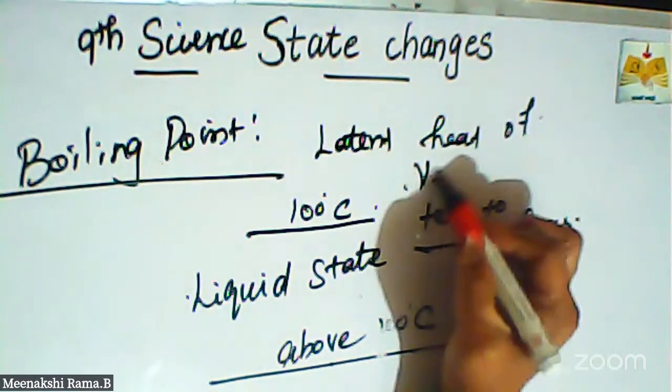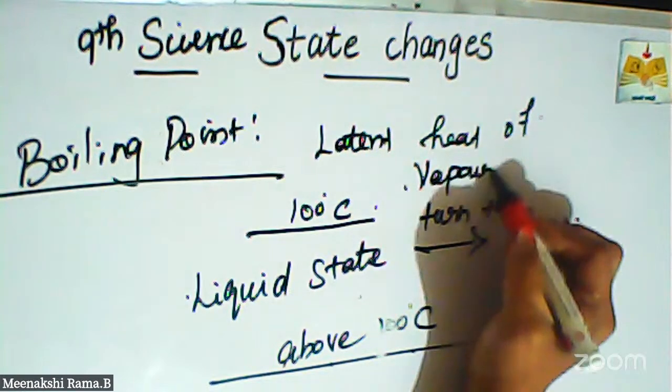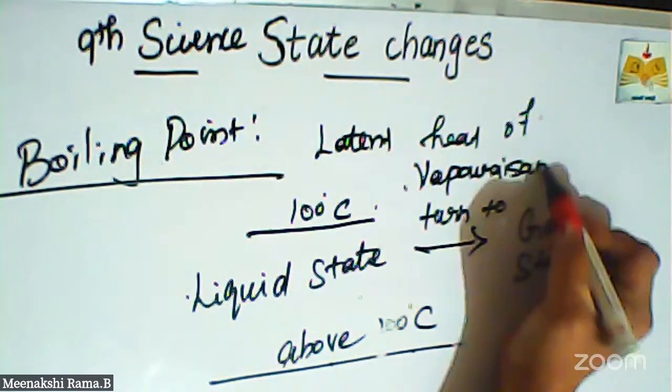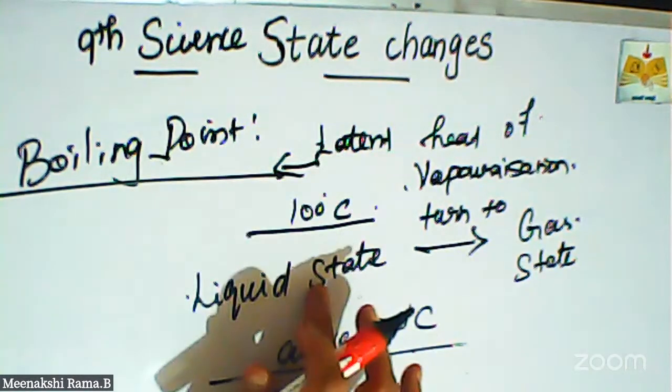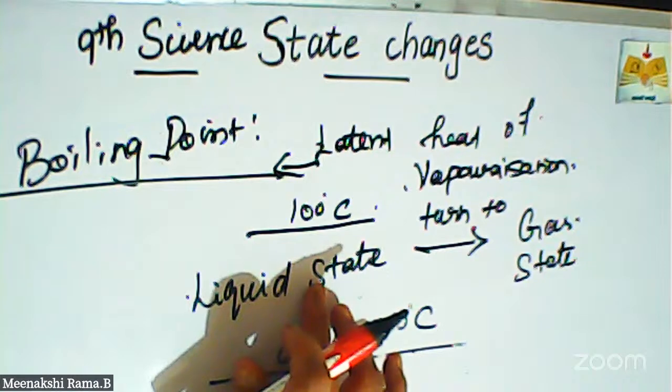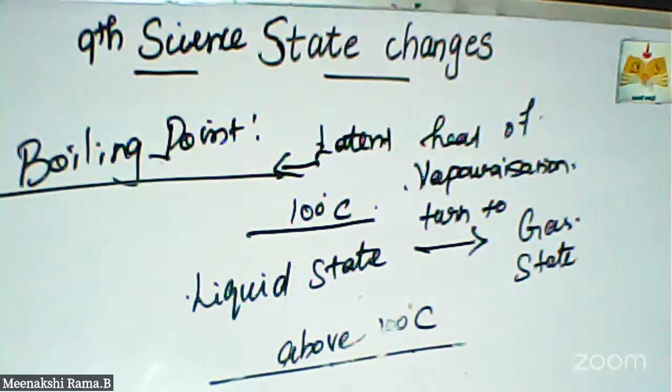Latent heat of vaporization. So this concept is understood in the boiling point. Latent heat means the heat energy stored in steam, commonly called the latent heat of vaporization.